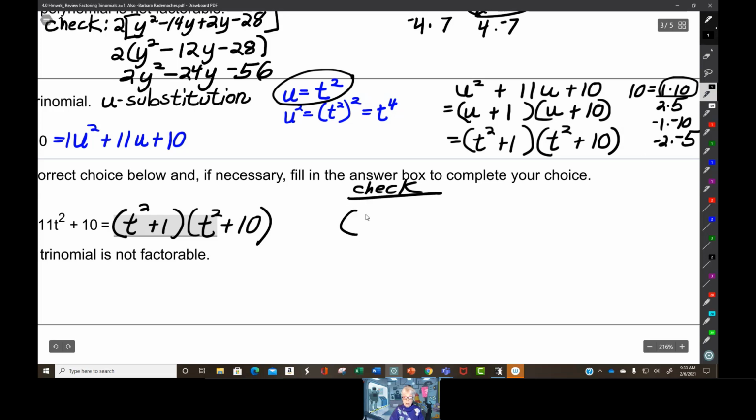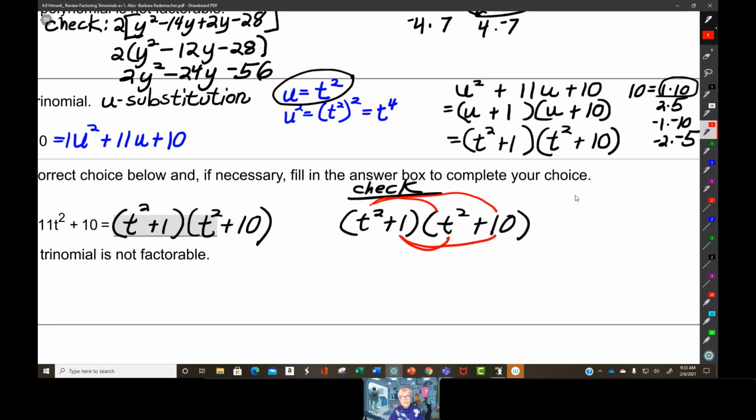Can we do it? Yeah. T squared plus 1 times t squared plus 10. Get my little arrows going here. Boom, and boom, and boom, and boom. And for those of you who are thinking, well, can't she factor it by the difference of two squares?